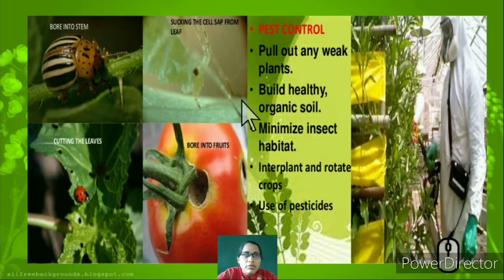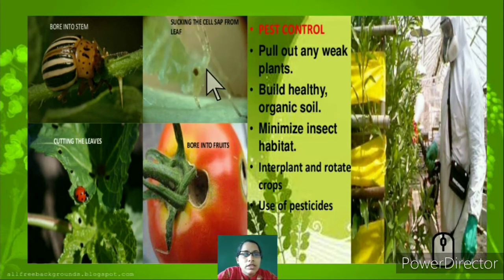So next come the pests that are going to infect the plants or the fruits, leaves, parts of the leaves, which will affect the growth of the plant. So you can see here some of the plants will be infected by pests that bore into the stem and also the leaf.